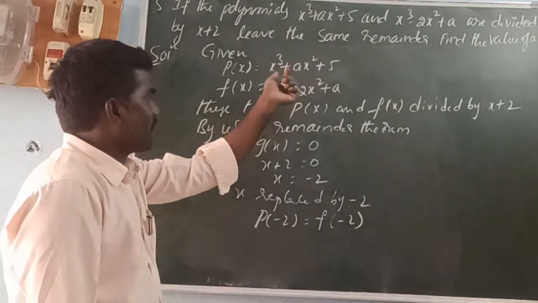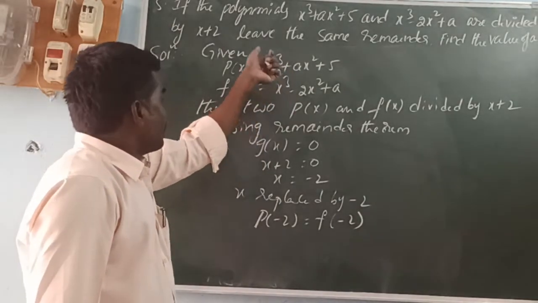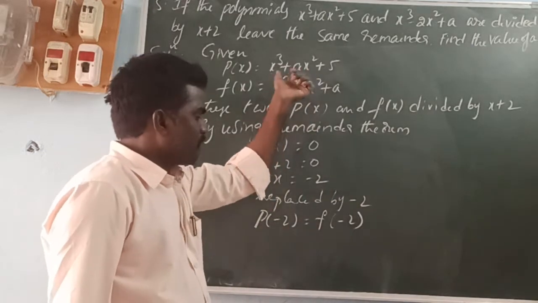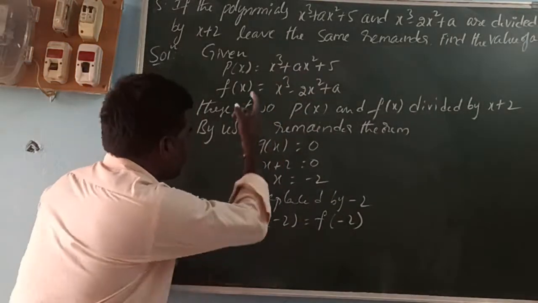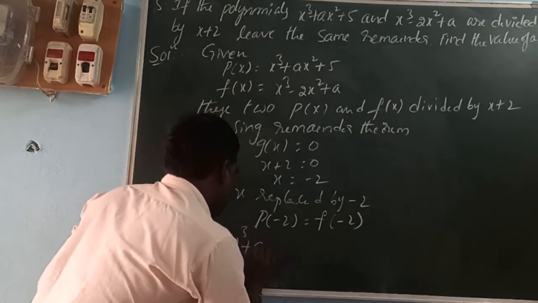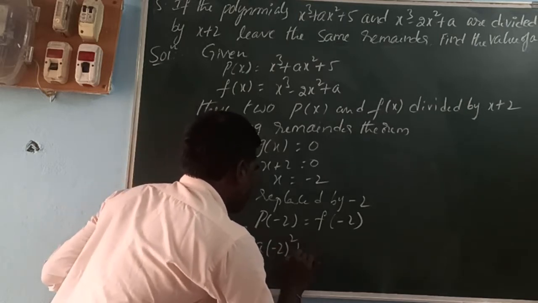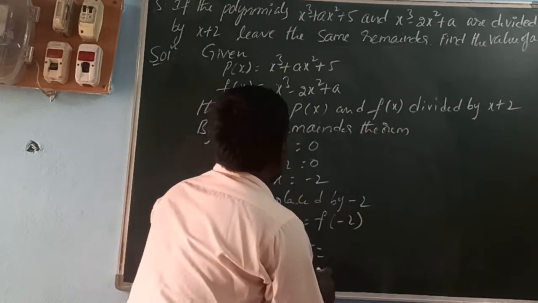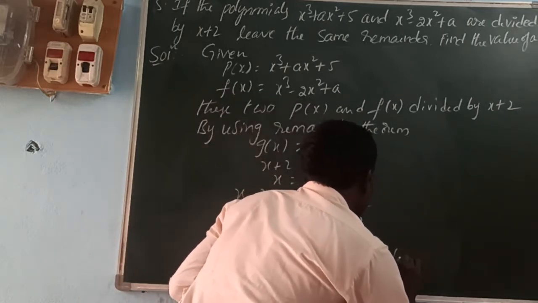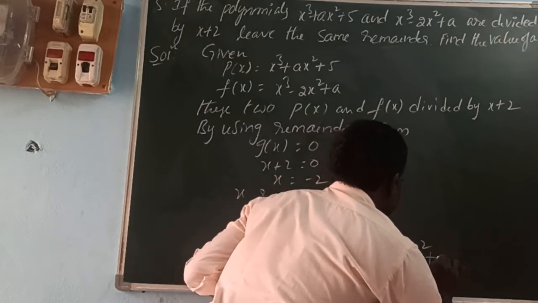That means in the place of x we put minus 2 in the polynomial p of x, and f of minus 2 means in the place of x we put minus 2 in the polynomial f of x. So that is minus 2 whole cube plus a into minus 2 whole square plus 5 is equal to minus 2 whole cube minus 2 into minus 2 whole square plus a.